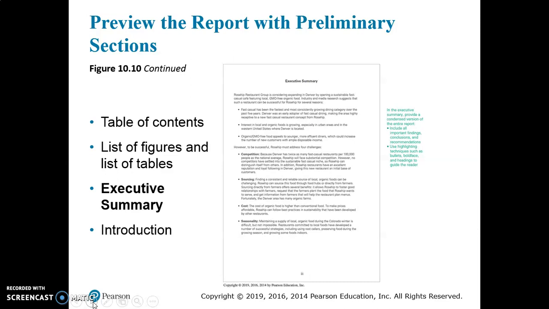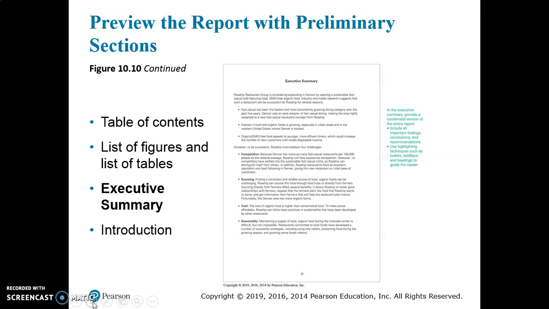Take a look at the formatting, because it is very typical of a business report. You see the executive summary heading up top, white space underneath, paragraphs and bullet points, and boldface for words like competition, sourcing, cost, and seasonality, because you're getting into different topics.